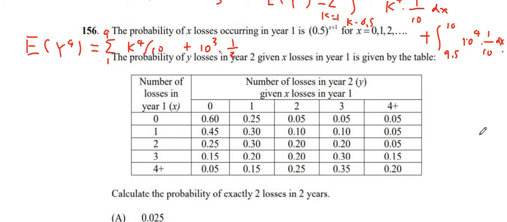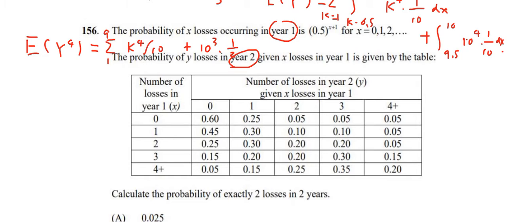So this one is a two-variable problem, but discrete. So this is just a two-variable discrete distribution. Okay. So the number of x losses, the probability of x losses during year 1, and losses during year 2.